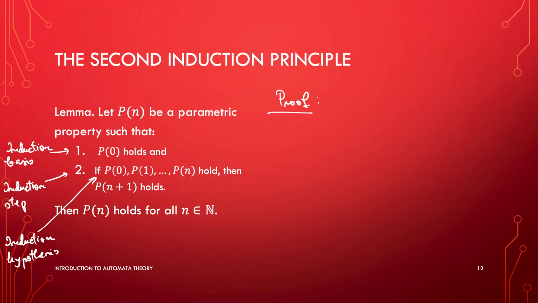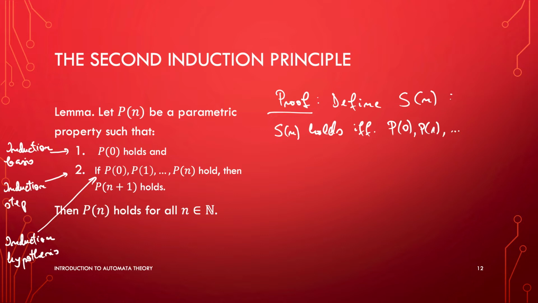I'm going to define a property S in the following way. I will say that S of n holds if and only if P of 0, P of 1, up to P of n hold.